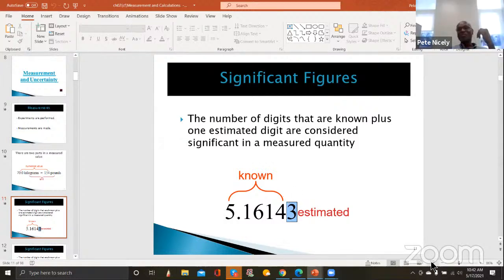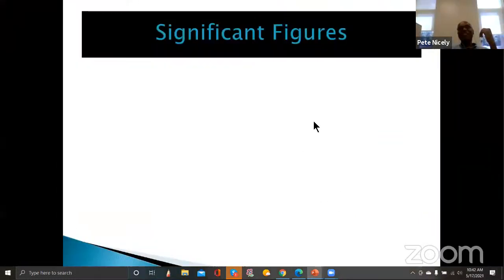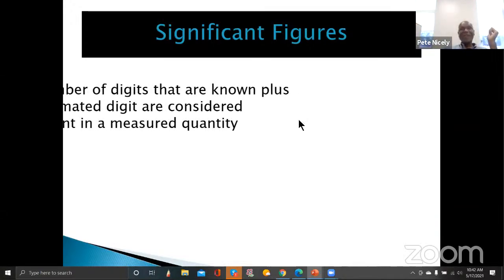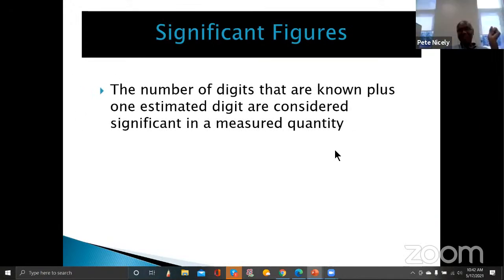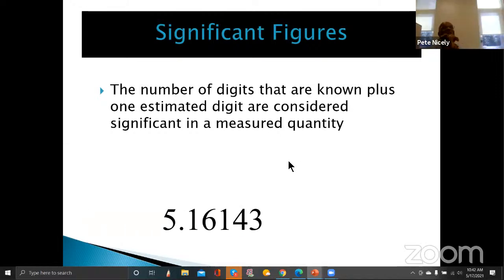I'm going to use this to demonstrate the whole concept of significant figures, especially when it comes to zeros in measured values. As I said before, the significant figures in a measured value are those numbers that we know with certainty plus the last digit, which is the estimated digit.